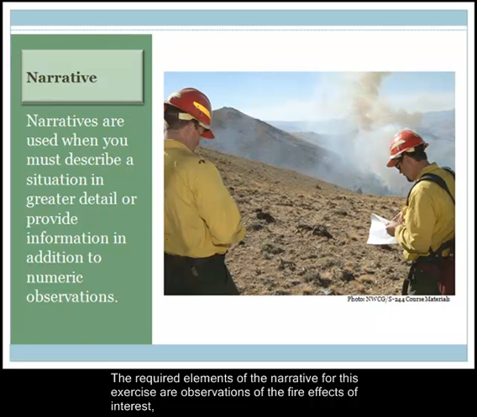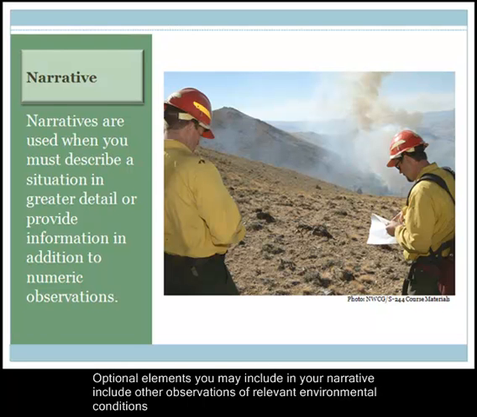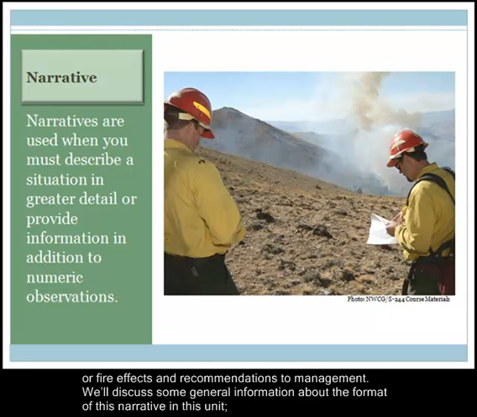The required elements of the narrative for this exercise are observations of the fire effects of interest, a discussion of the extent to which management objectives were met, and follow-up actions required. Optional elements you may include in your narrative include other observations of relevant environmental conditions or fire effects and recommendations to management. We'll discuss some general information about the format of this narrative in this unit.